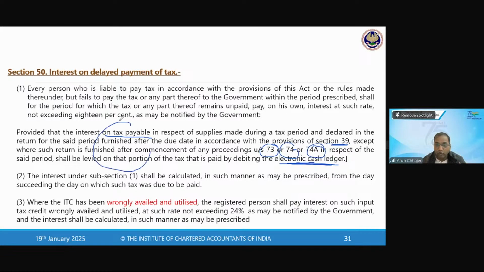So the proviso would be applicable if you are paying the liability of a tax period in the same tax period, liability of a month declared in the same month, then you can take the advantage, but it will not be applicable to 73, 74 and 74A.